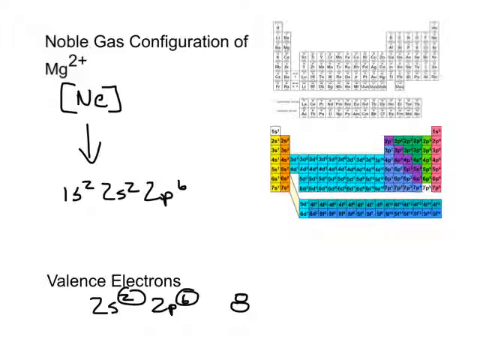And if you have a thing that is charged, remember it is like asking you to do a different square on the periodic table. Either go forward if it's a negative charge, or go back if it's a positive charge, and just pretend like you were asked to write the configuration for that element.